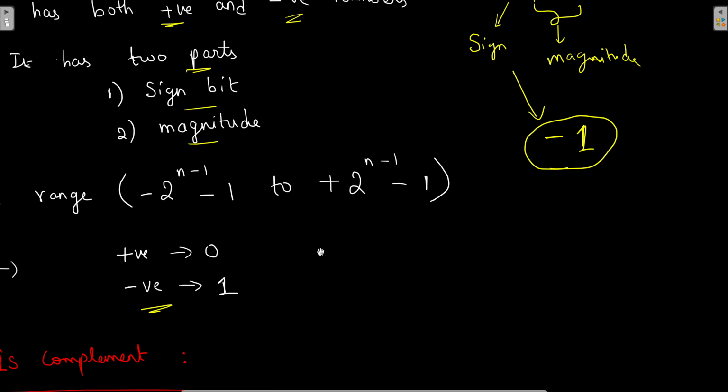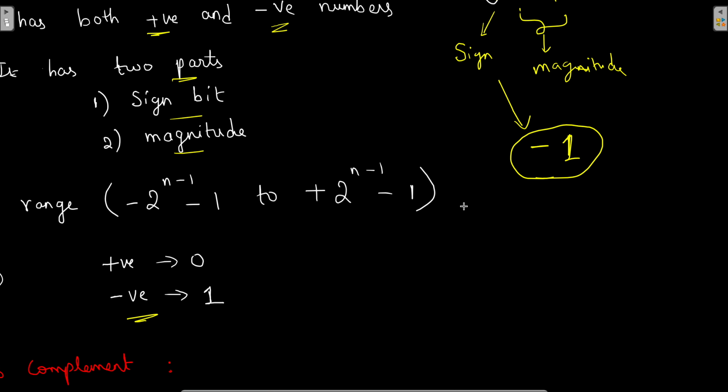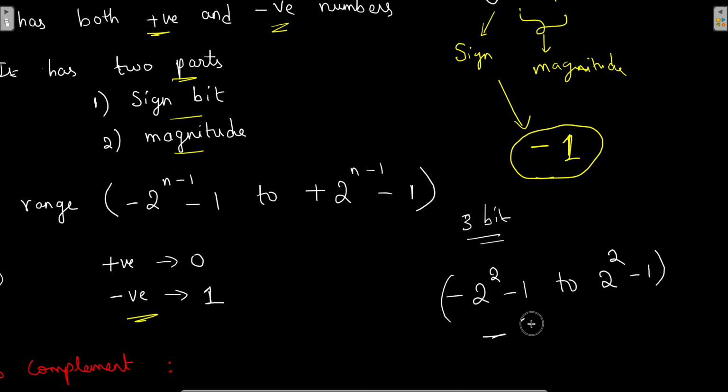Now coming to the range. Here also I am taking 3 bits. With 3 bits, the range is minus 2 power n minus 1 minus 1 to plus 2 power n minus 1 minus 1, with n as 3: 2 power 2 is 4, minus 1 is 3. So the range is minus 3 to plus 3 for 3 bits in sign magnitude representation.